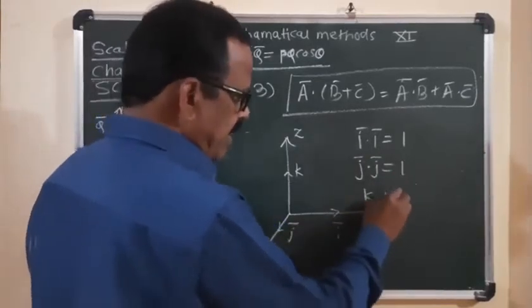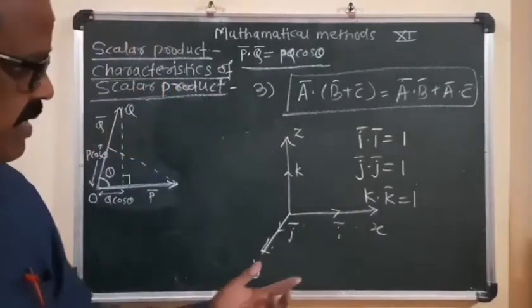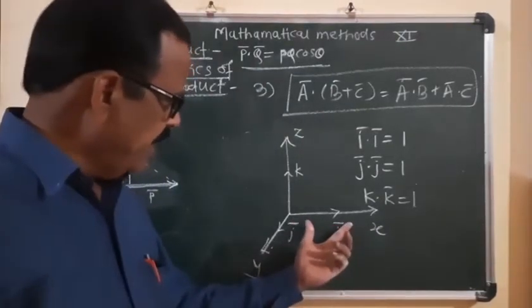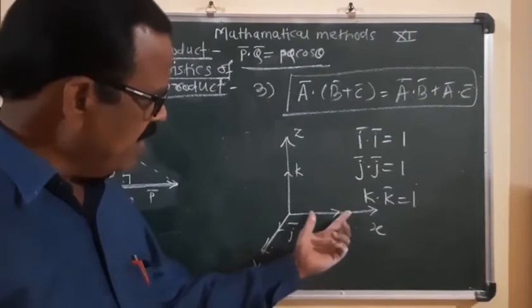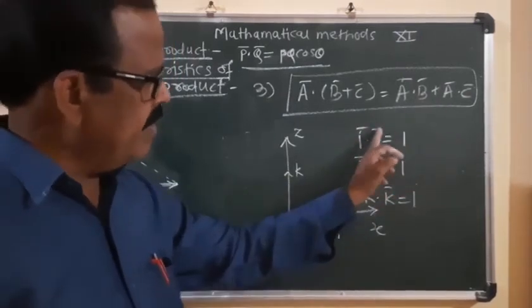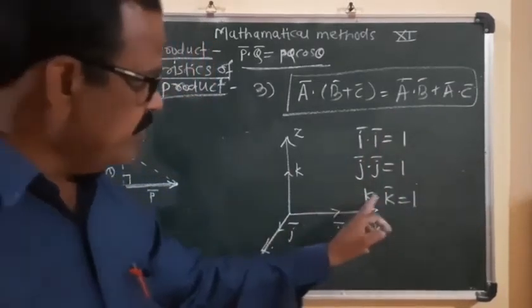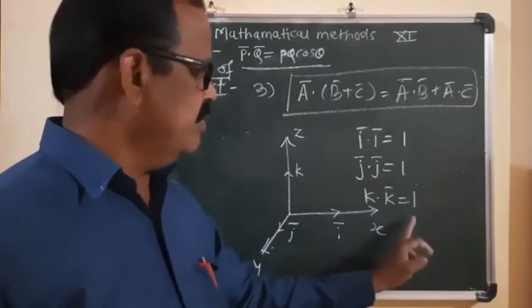K bar dot K bar is equal to 1. In three-dimensional coordinate system, here we write that is I bar dot I bar into cos theta. The cos 0 is equal to 1. Therefore, I bar dot I bar is equal to J bar dot J bar is equal to K bar dot K bar is equal to 1.